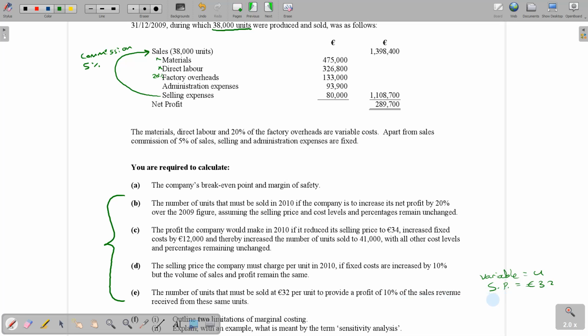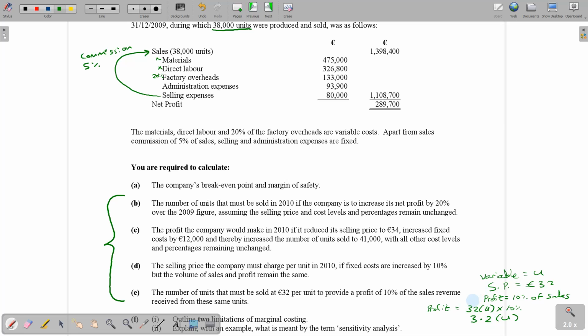What we're saying is our profit must equal 10% of sales. That would mean the profit equals the selling price, €32, by however many units we sold, by 10%. So that's 3.2U. So our profit is going to be 3.2U.